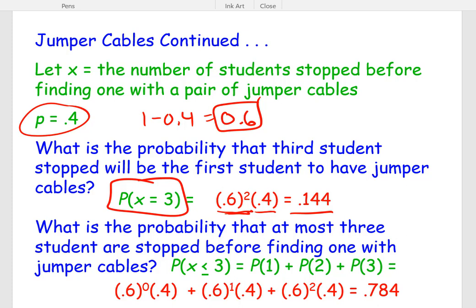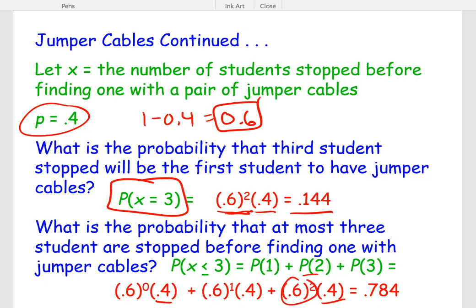Next, what is the probability that at most 3 students are stopped before you find one? So now we're going to add probabilities. This one is saying that the first one has jumper cables. So there's 0 failures, that's the 0.6 to the 0, and the 1 success. Plus the probability that the second one has jumper cables, so there'd be 1 failure followed by the 1 success. Plus the probability the third one has jumper cables, so that's 2 failures followed by 1 success.